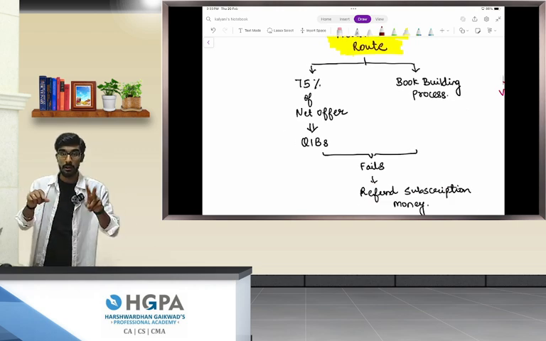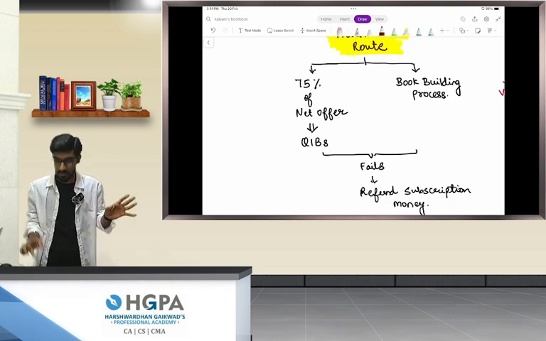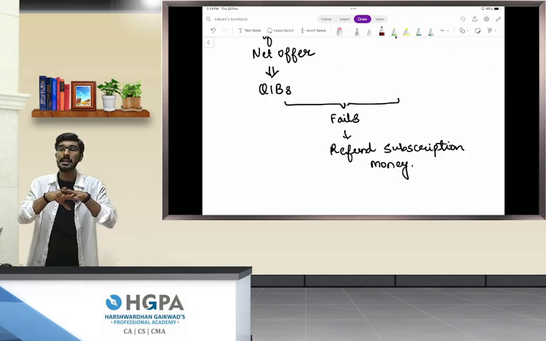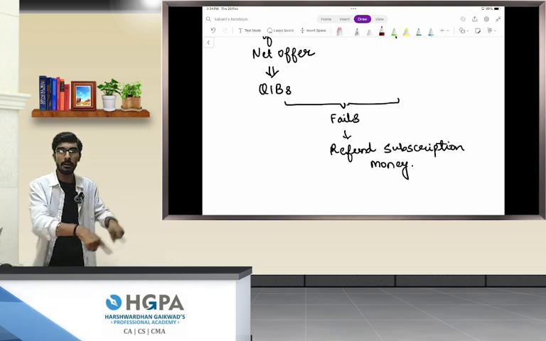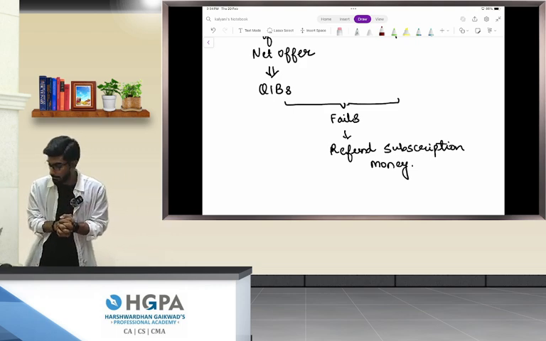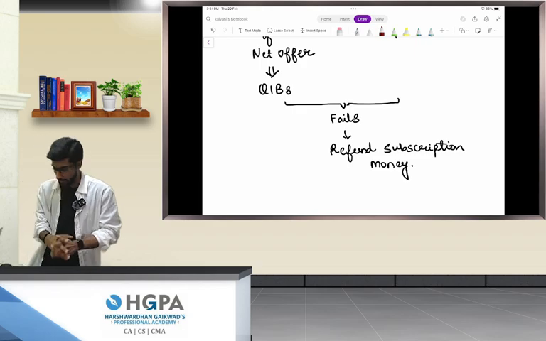If the company still fails to qualify these two conditions, it has to refund all the subscription money that it has received within 15 days. Sorted, people? All clear? Perfect.